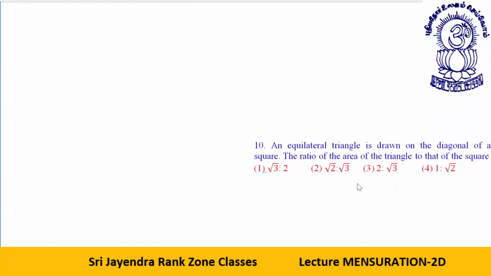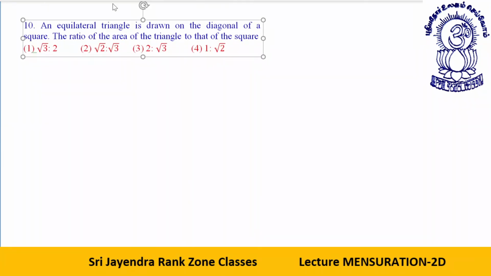Next one. An equilateral triangle is drawn on the diagonal of a square. The ratio of area of the triangle to that of the square is? Let me take first a square.